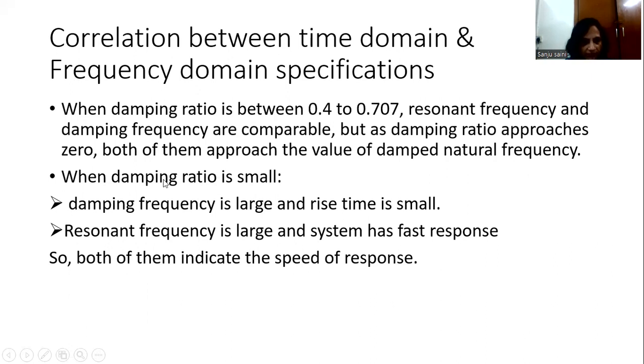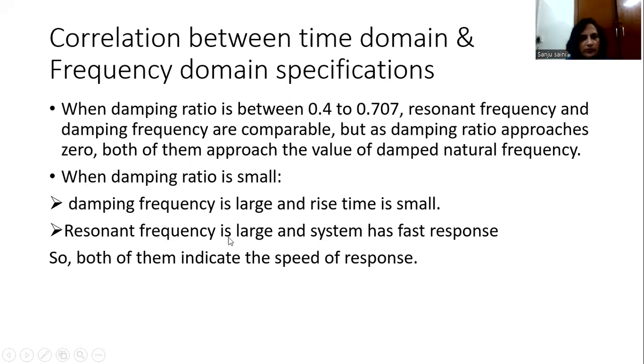In this case, we are looking at the correlation between the time domain response and the frequency domain response. The time domain specification is the damping frequency, and the frequency domain specification is the resonant frequency. For a low value of the damping ratio, the damping frequency is large and rise time is small.